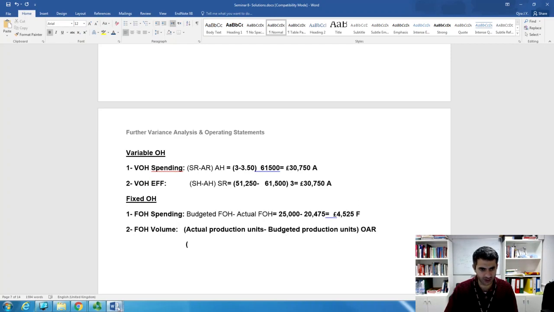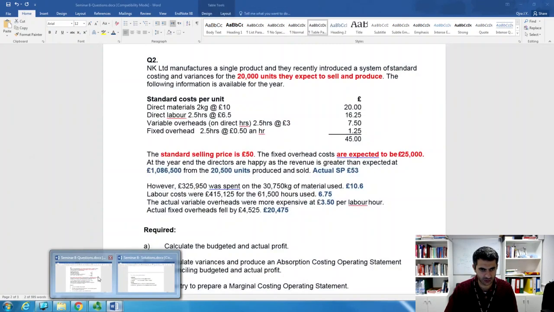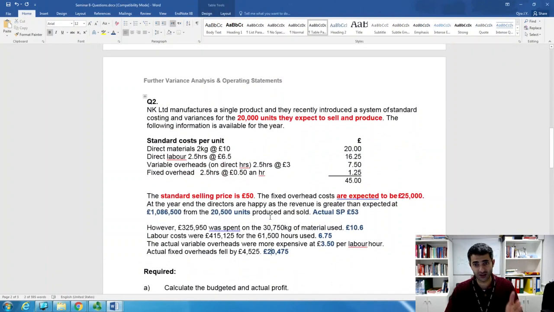Right, let's do it. So what is the actual one? Of course, guys, as you see, the actual production units equal the sales units, so they are equal. So the actual production is 20,500, and budgeted 20,000.